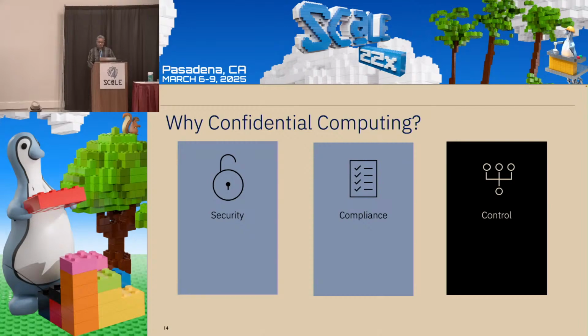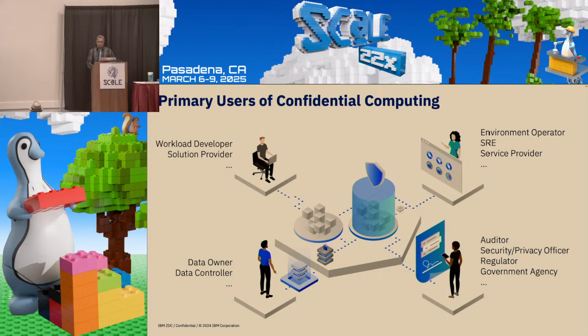That's another requirement. And if we look at it from the control point of view, it's more from the different personas who would be accessing the data. One is the workload developer or a solution provider. He will have access to the data as well. At the same time, the environment operator, SRE, could also have access to the data. There is a separate limit or constraints that we need to set for them.